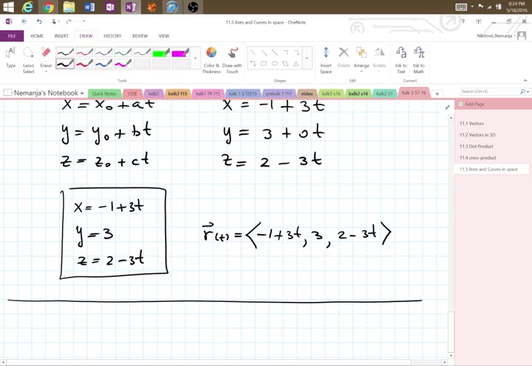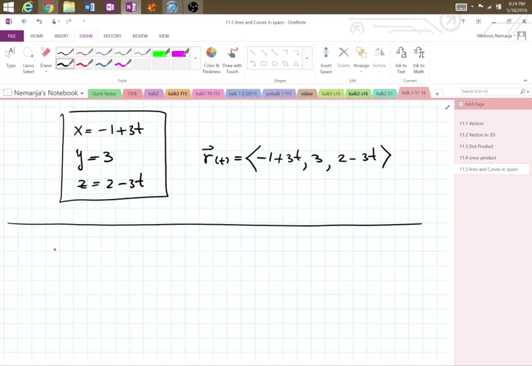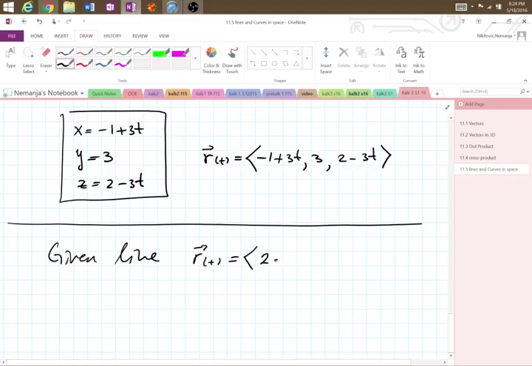But then I can actually pose a limitation on it. So let's say given line r of t is equal to, now I'm just going to make this up so I don't have to disqualify anyone, 2 minus 5t, 3t, and then negative 1 plus t.